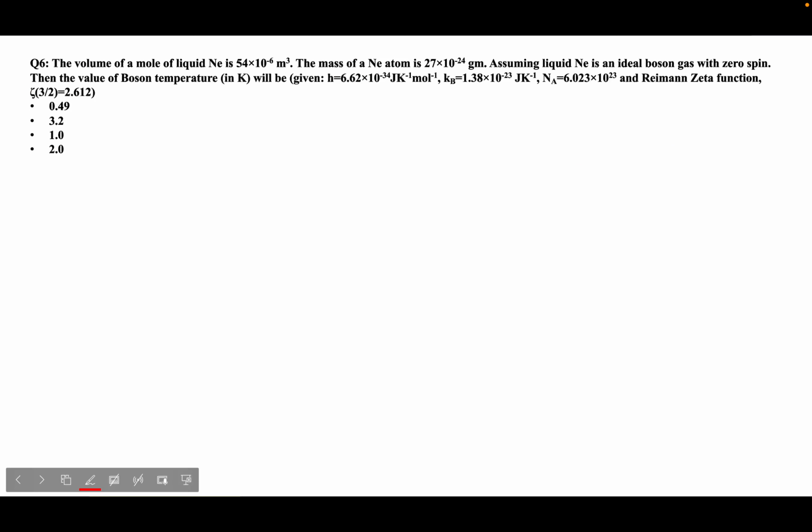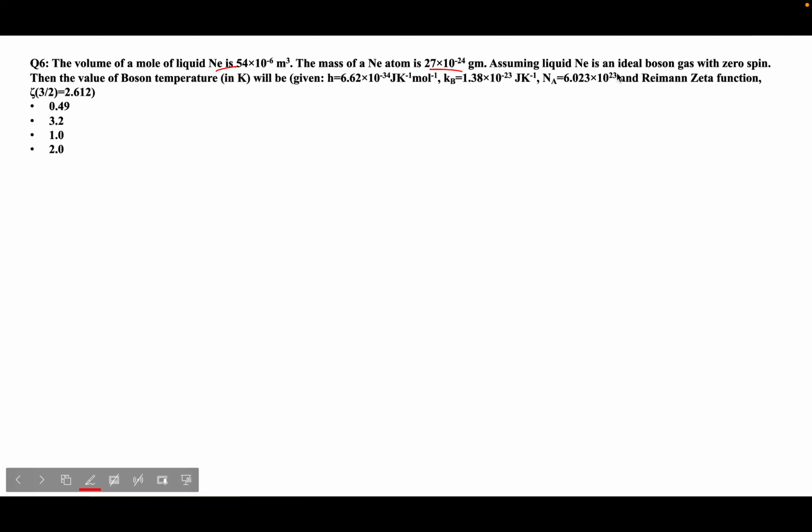Now question number 6. The volume of 1 mole of liquid neon is given, and the mass of a neon atom is given.